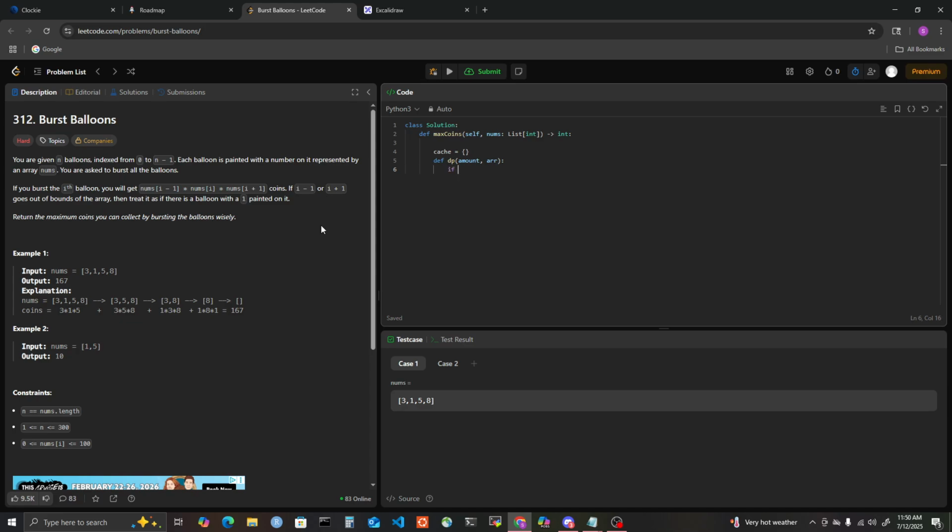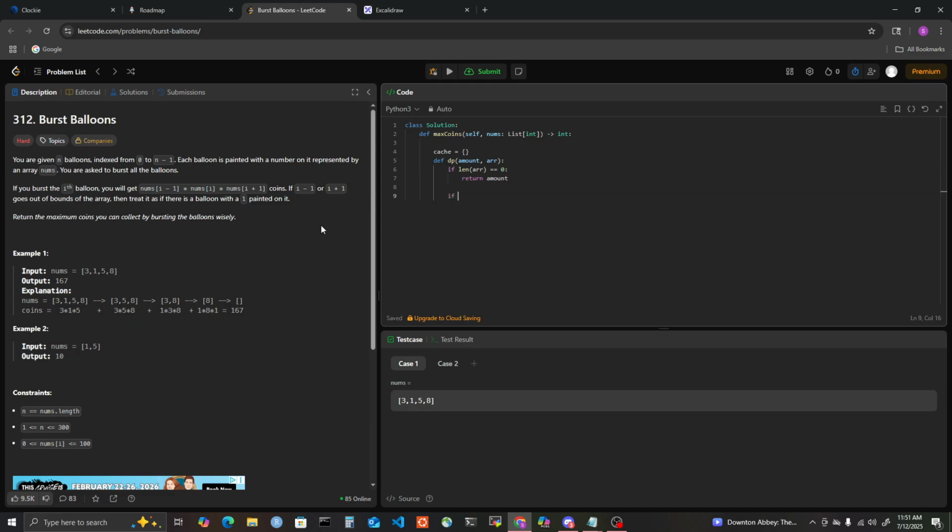If the length of array equals 0, then we return amount, the amount we make.